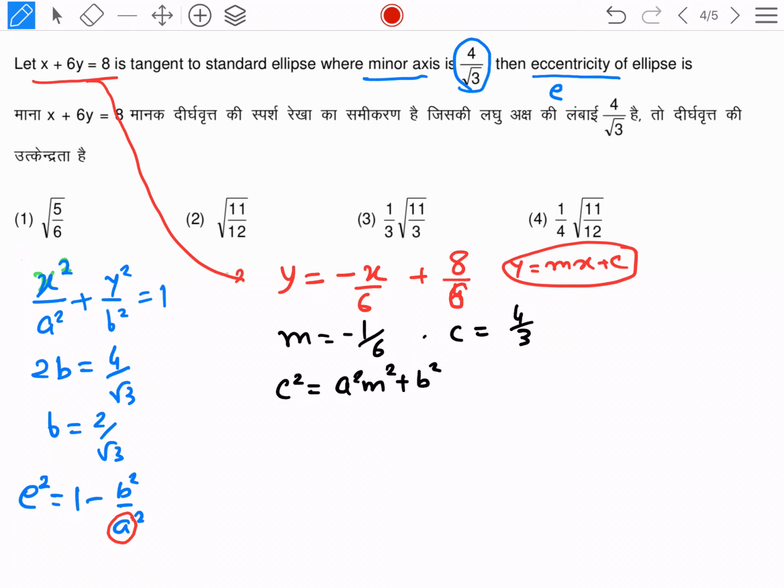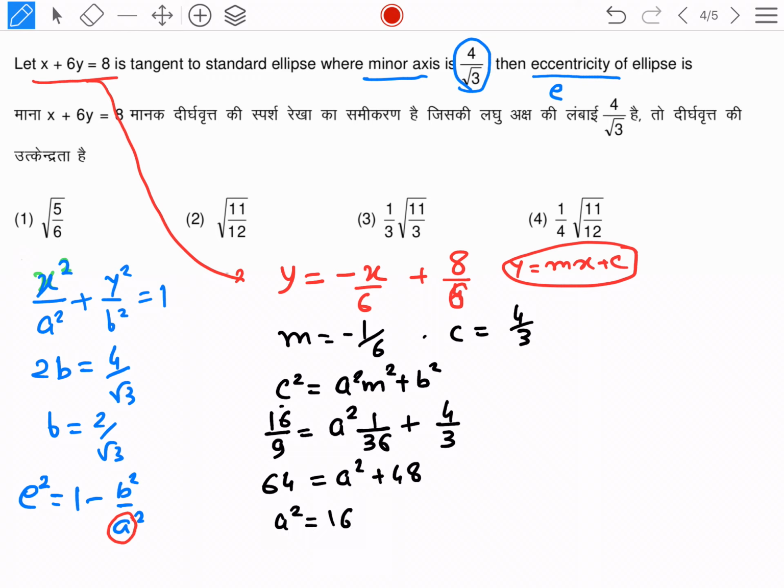So now we can find a square, because c square is 16 by 9, a square m square is a square by 36, b square is 4 by 3. Students will calculate it. 36 will be multiplied, then 64 is equal to a square plus 48, and a square is equal to 16.